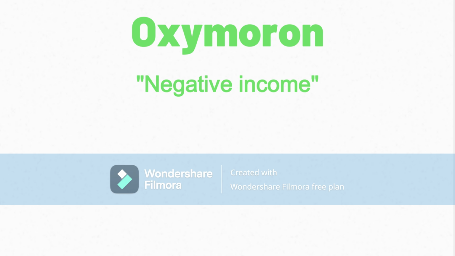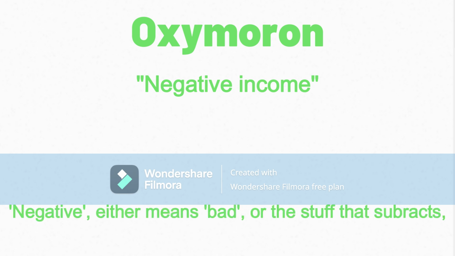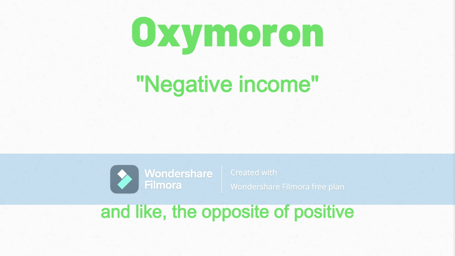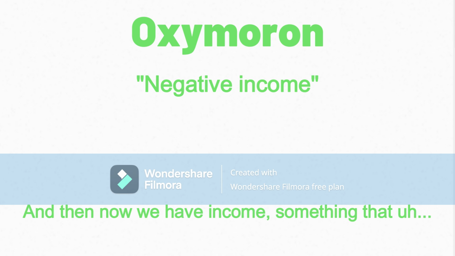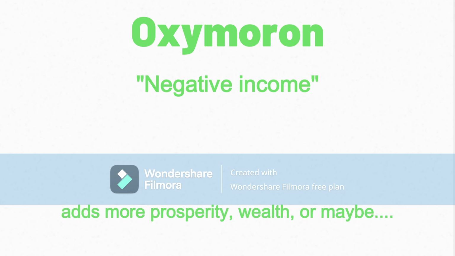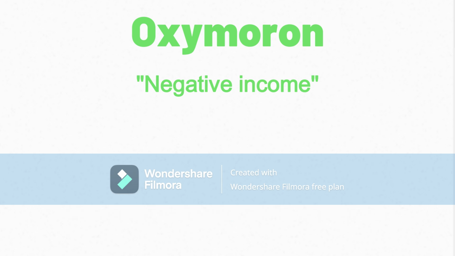It's supposed to add more to your profit. Negative is, well, negative, it's either bad or subtracts, or the opposite of positive. And then here we have income, something that adds more prosperity, wealth, or maybe money. I forgot the actual word.